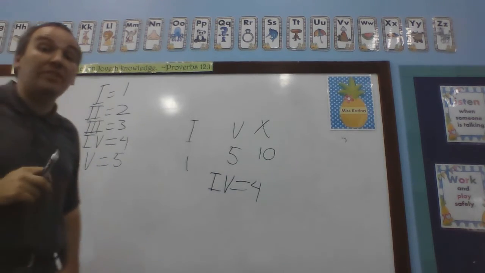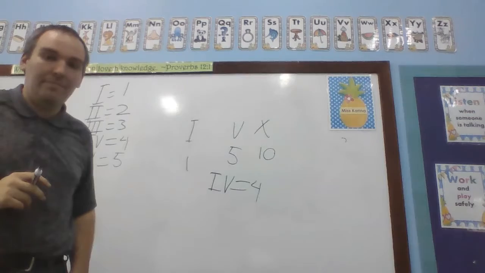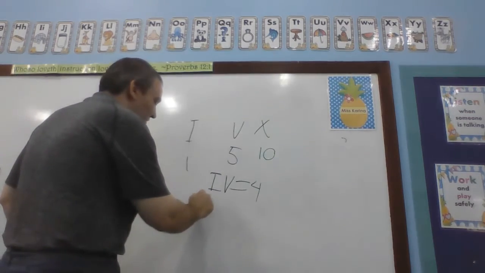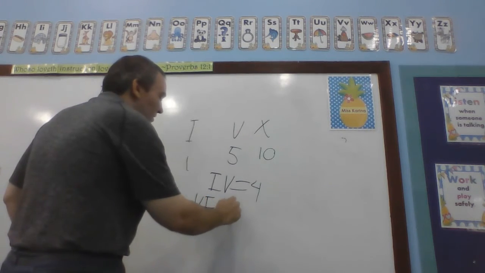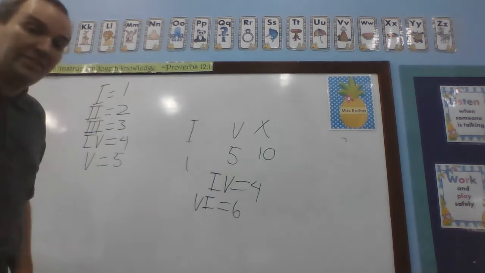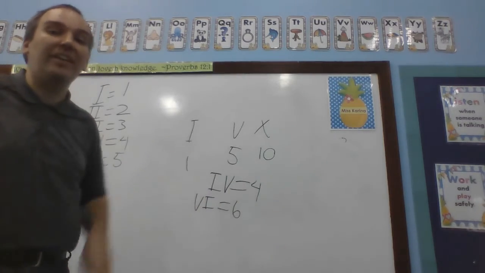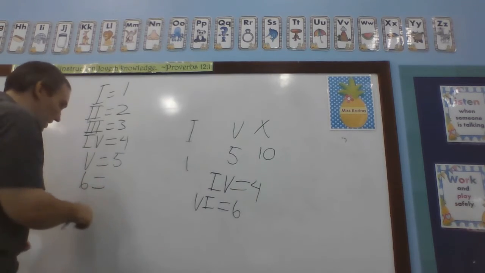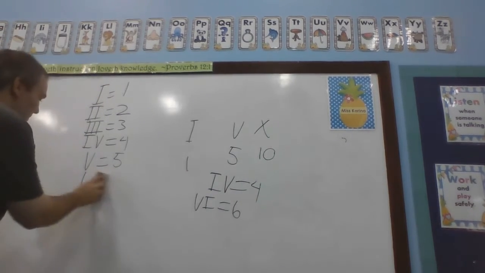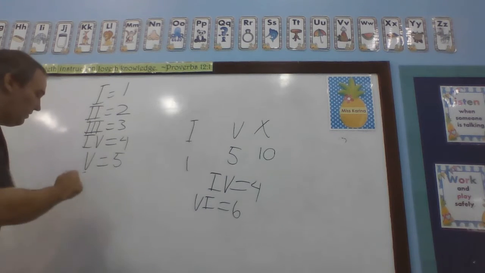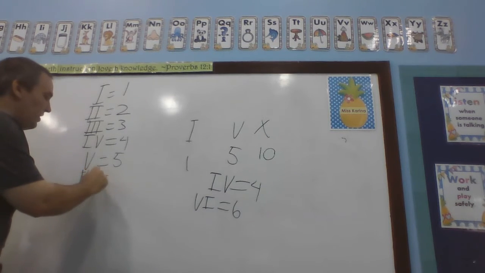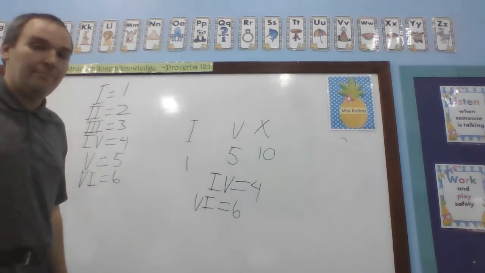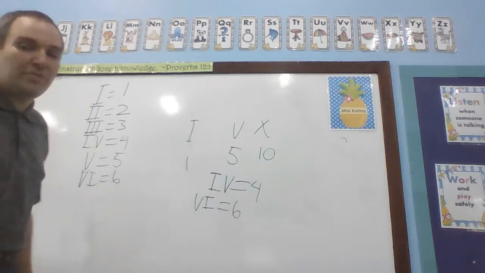Now, what do you think that 6 looks like? Well, if you said VI, you are correct. 5 plus 1 is 6. That's how they would look at it. Oops, I got that backwards. VI equals 6. So what do you think 7 looks like? Let's move this forward a little bit.